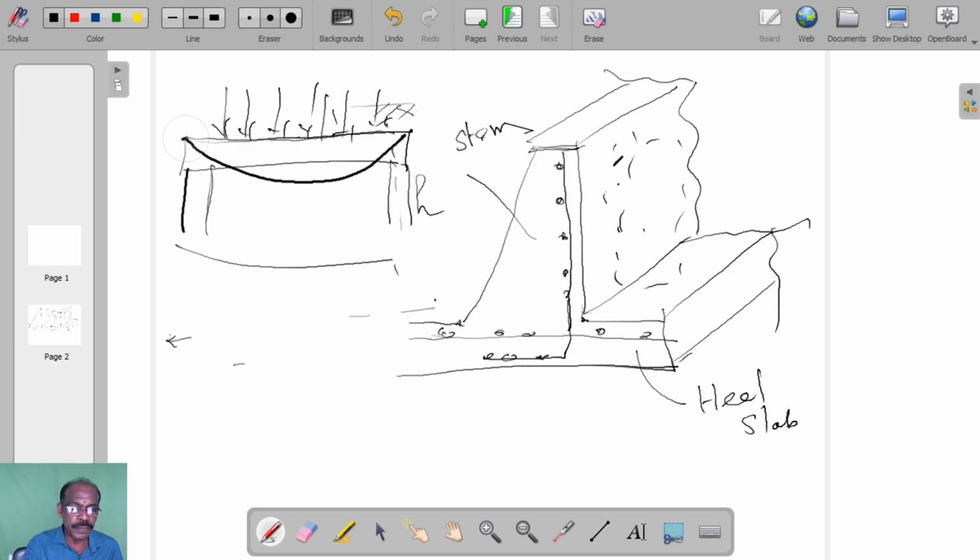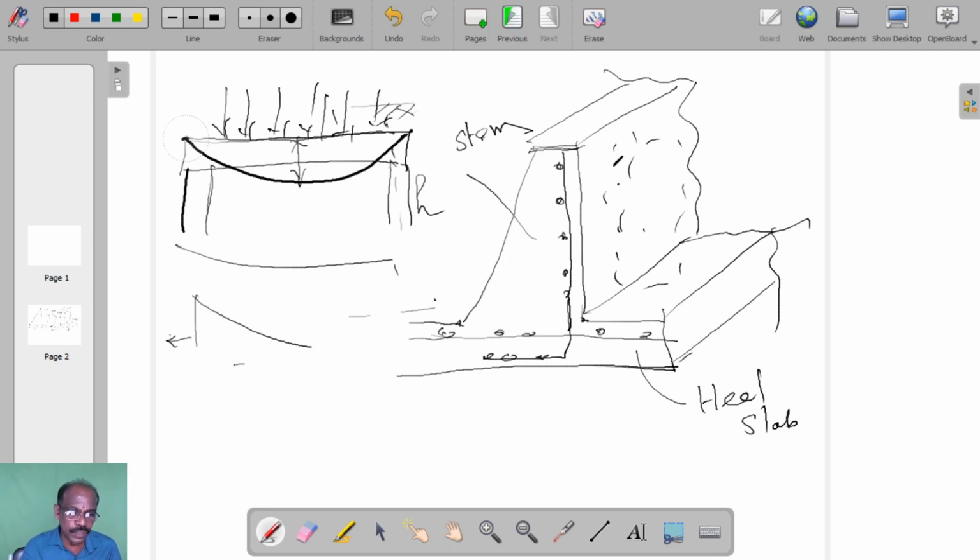The maximum bending moment will be at the center, and the bending moment at the two ends will be equal to 0. And where the compressive force is acting and where the tensile force is acting, you just have to know about that.